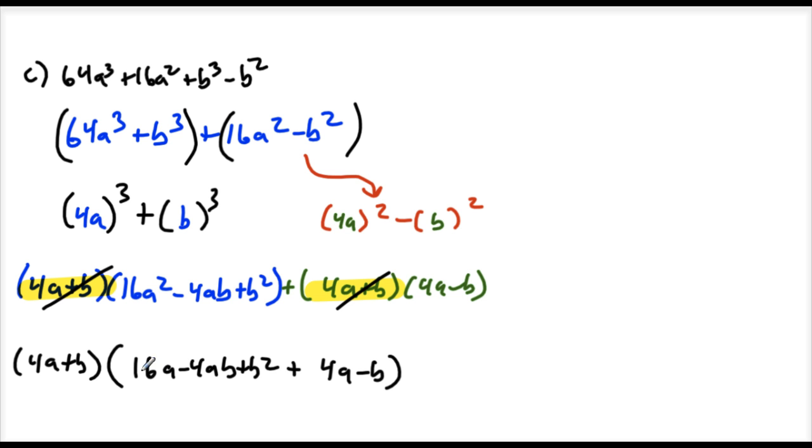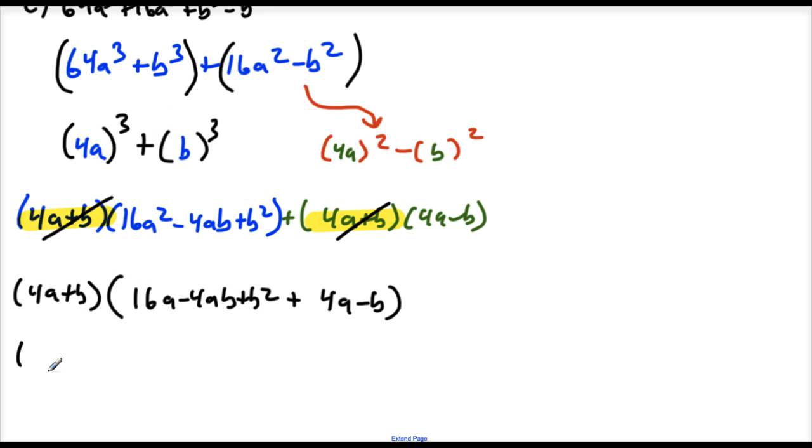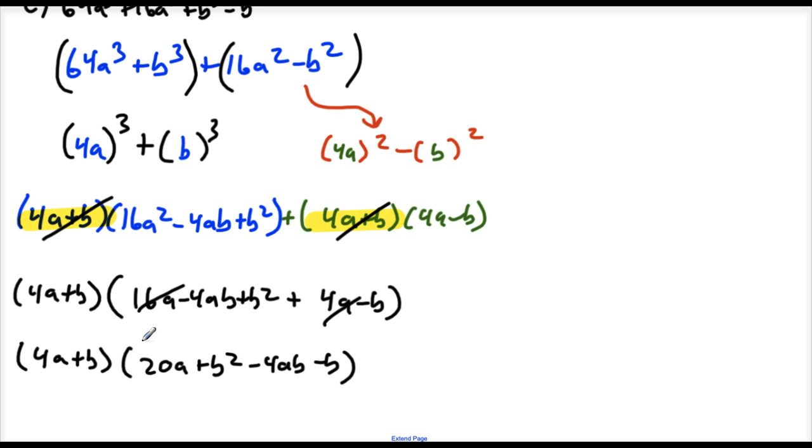And let's see, can I combine anything together? 4a goes with that, and the b. So some of this can go together. We'll go ahead and clean this up one last line. So 4a plus b, and 4a and 16a squared is 20a. And then I could just go ahead and put these in order now. So I'll put plus b squared minus 4ab minus b. Woo! Now this is a product, which is now a factored problem.